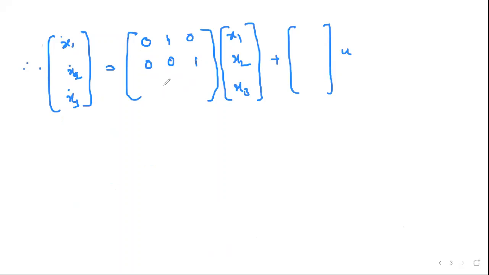Next, minus 1.5, minus 3, minus 2. Then the B matrix is 0, 0, 2. Therefore, this is the state equation.